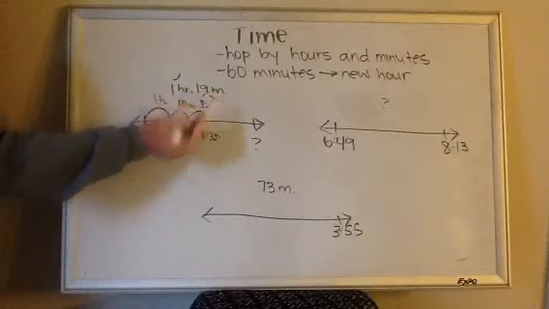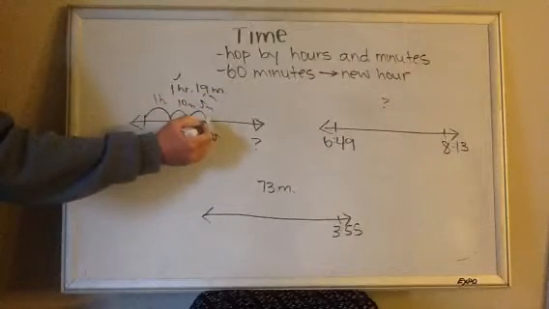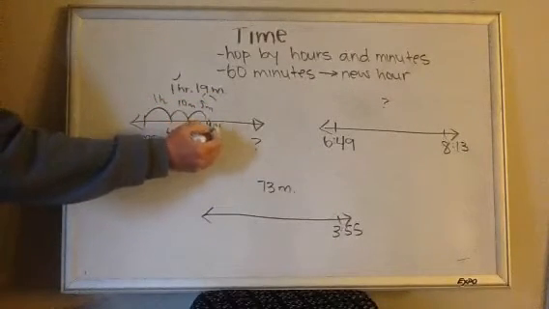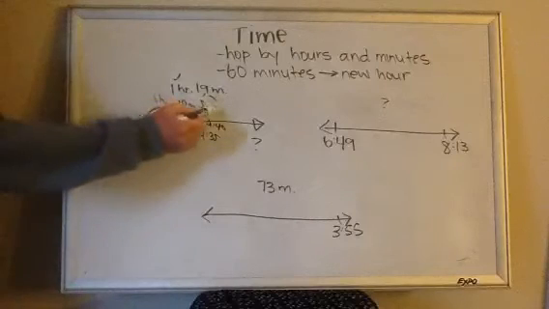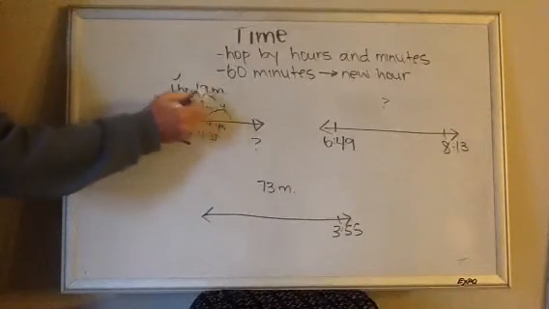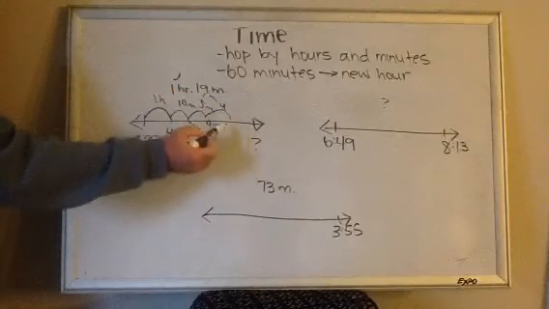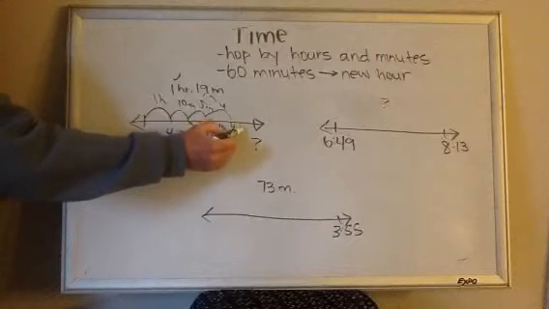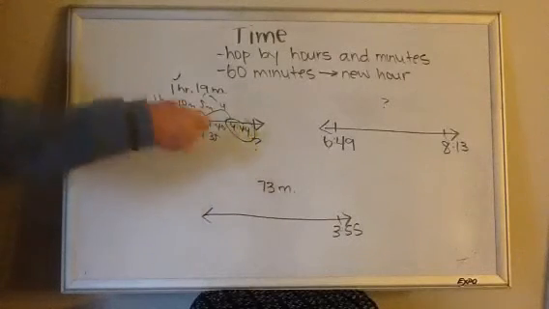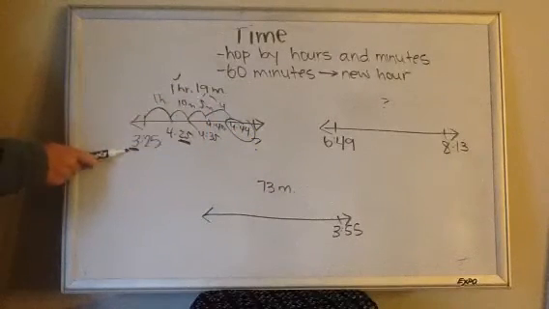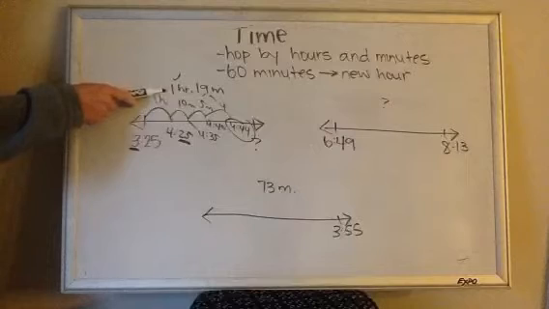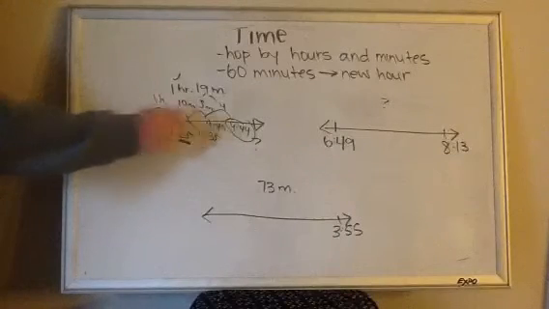Because 9 breaks into 5 and 4, so that would get me to 4:40. And then 4 minutes would be 4:44. So whatever this thing was that started at 3:25 and lasted an hour and 19 minutes, ended at 4:44.